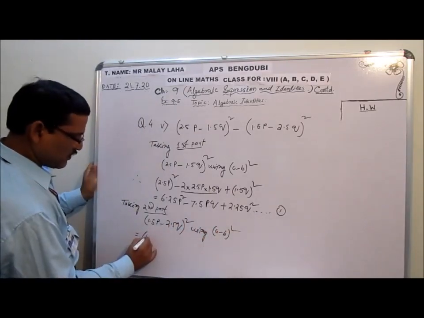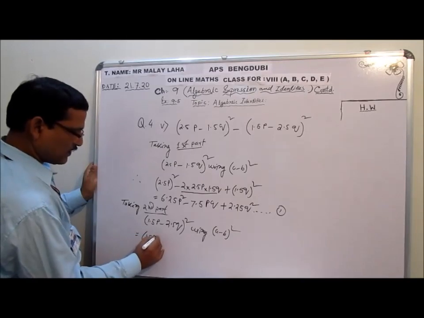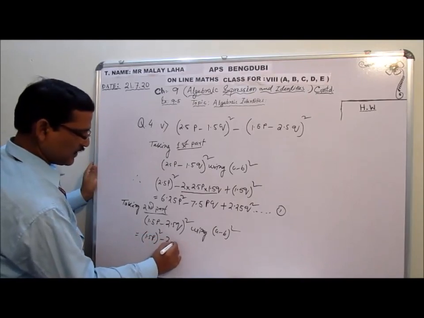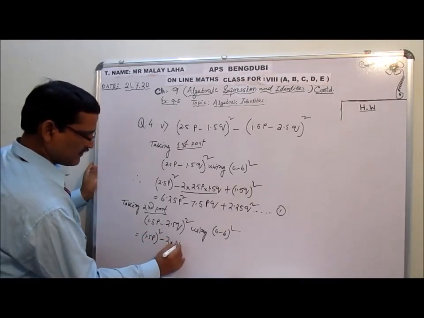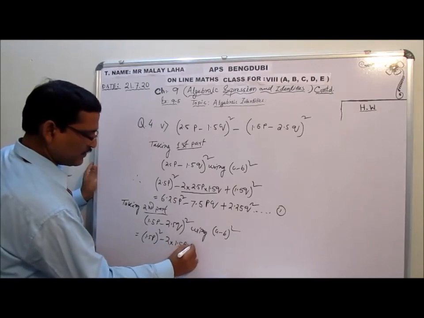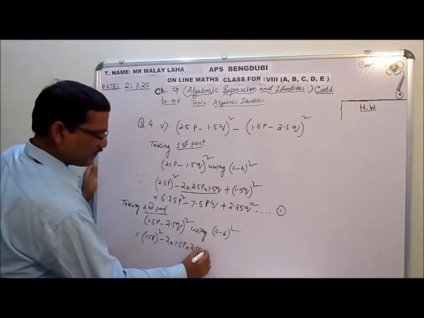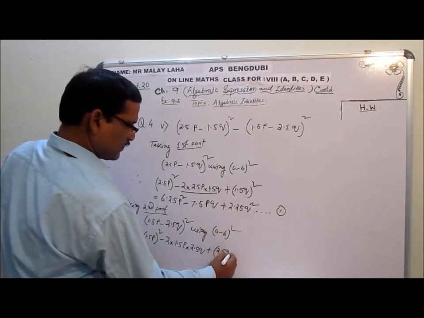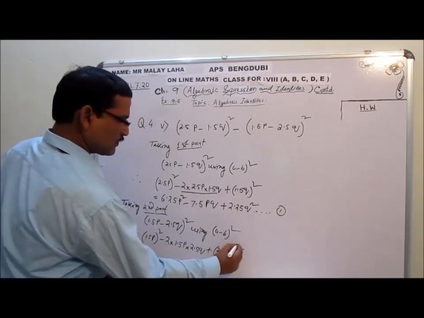So a square is (1.5p) whole square, minus twice into a, that means 1.5p into b, that means 2.5q, plus b square, that means (2.5q) whole square.